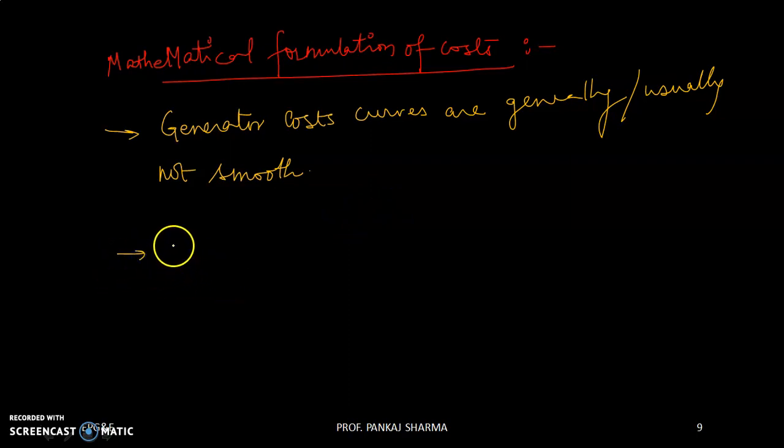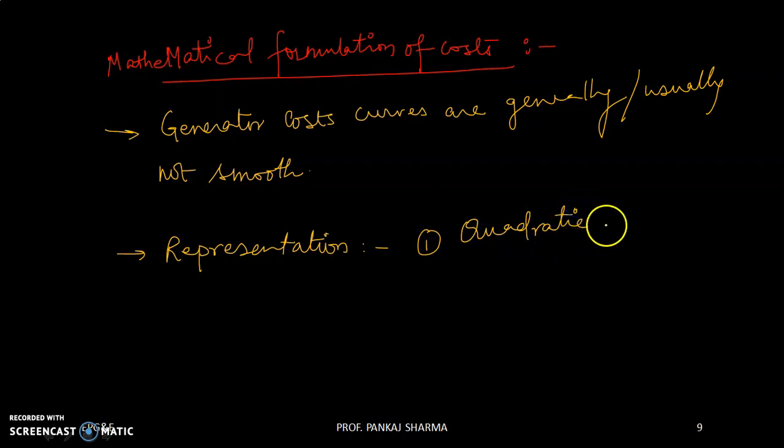Now, the representations of the mathematical formulation of cost which are predominant: the first one is your quadratic form of function, the second one is your cubic functions.